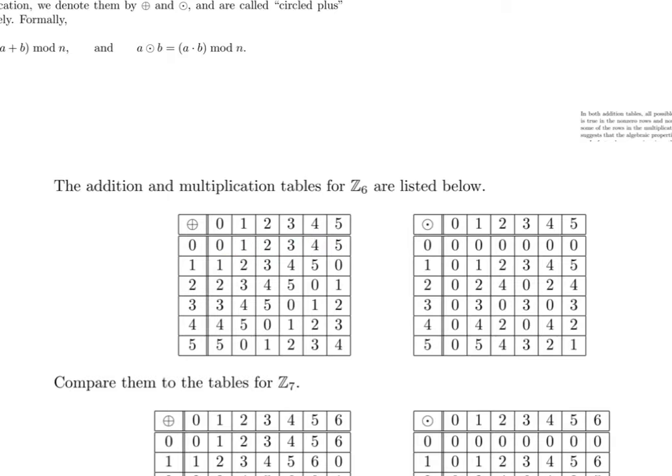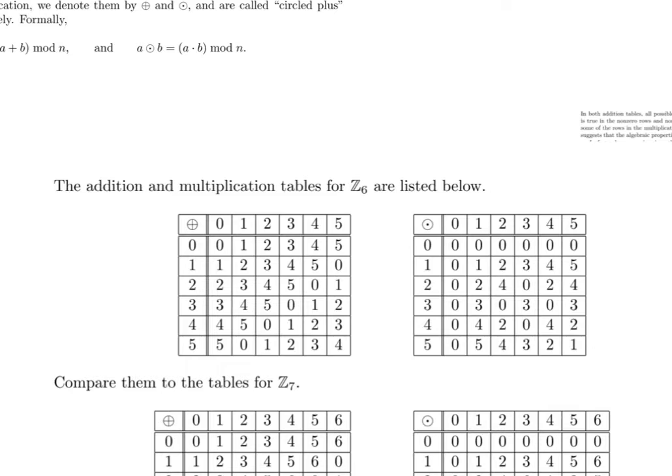You might notice some interesting patterns with the addition table, as to where the numbers are appearing. Multiplication is pretty interesting though. So let's look at what's going on with multiplication for z mod 6. Well, 0 times anything is 0, so it's no surprise that this row and this column are all zeros.